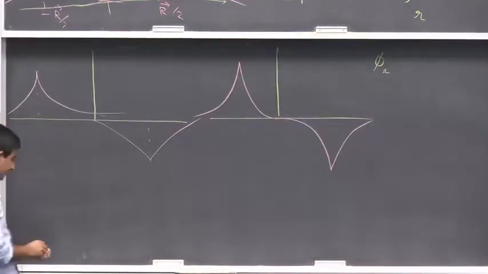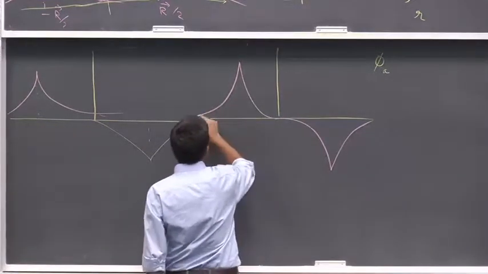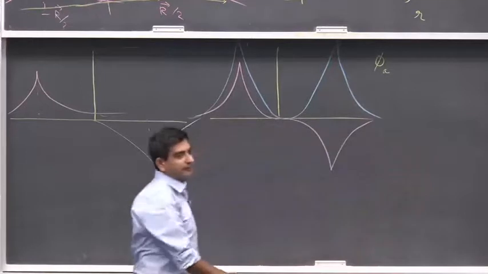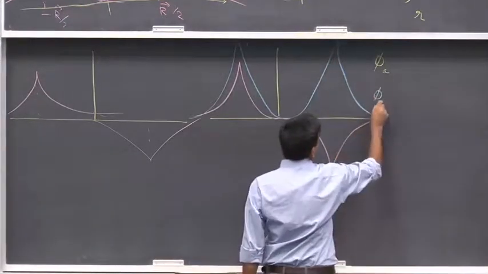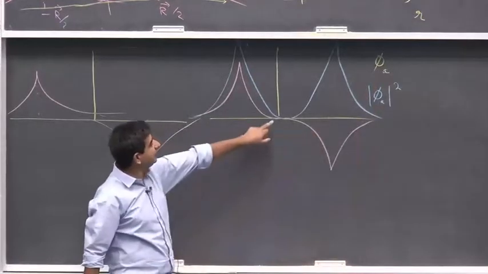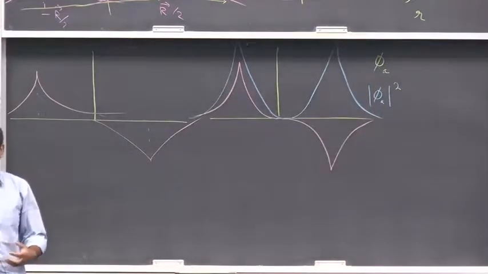And now if you take the probability density, you square this, you get this. This is phi a modulus squared. So now you have zero probability for finding the electron in between the two nuclei.